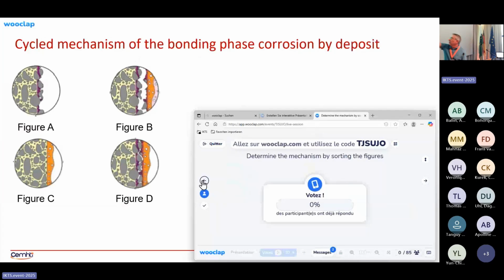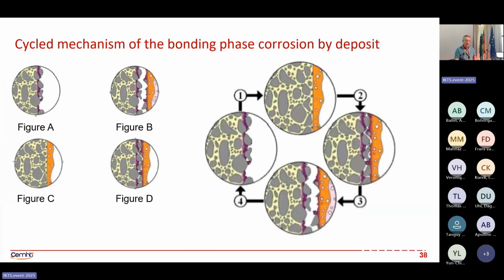You have 4 figures, A, B, C, D. And now I ask you to sort and order the different steps of this mechanism corresponding to the rear of the tiles. You can try if you want, but the answer is, of course, this part.